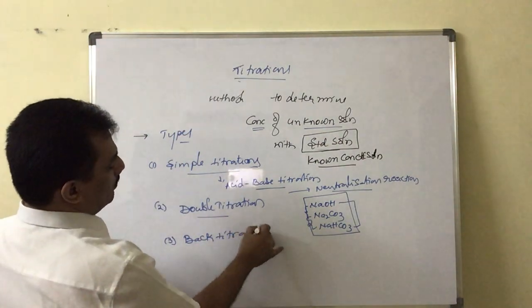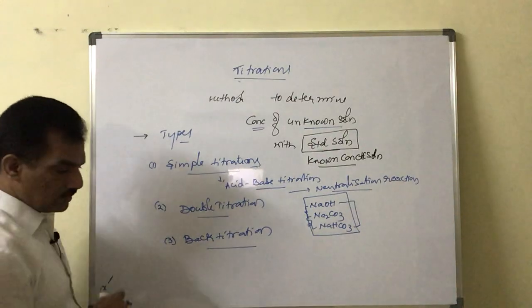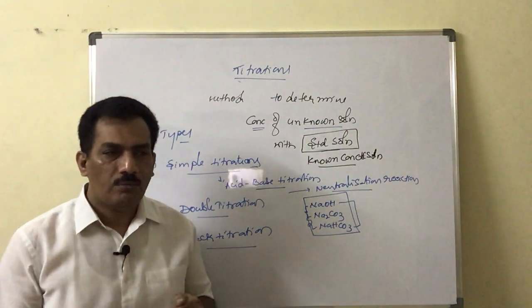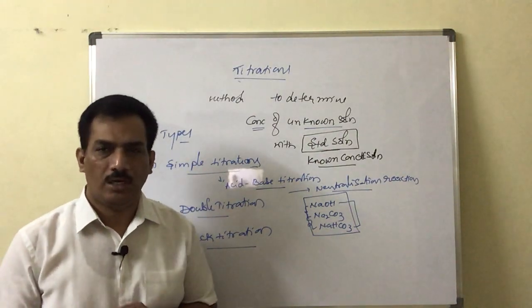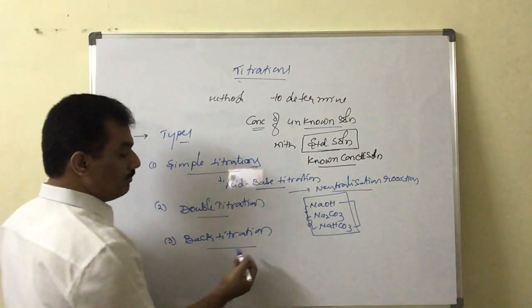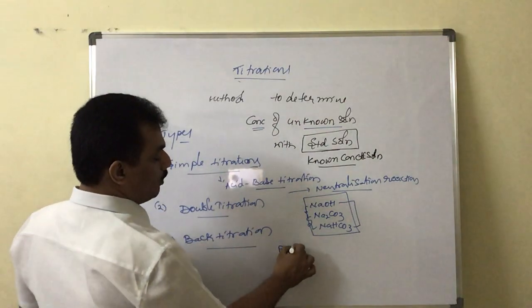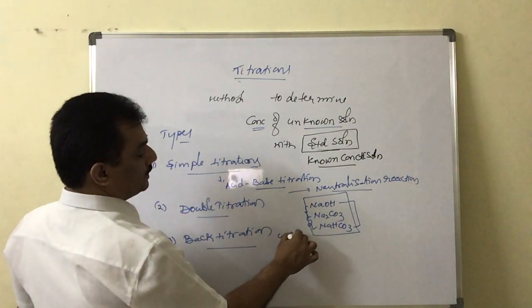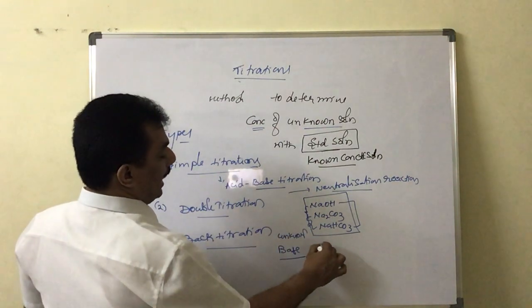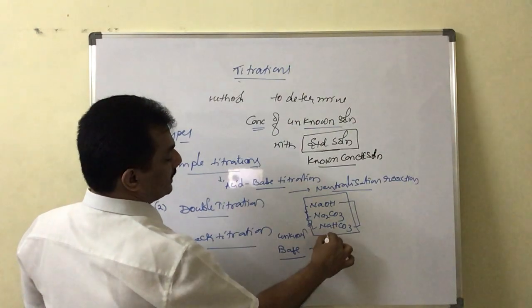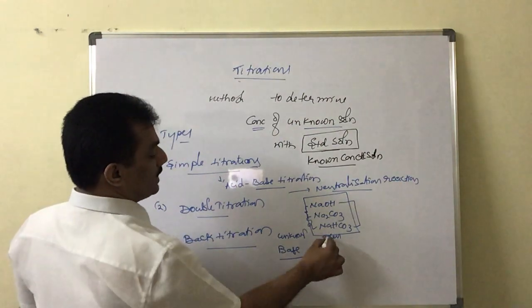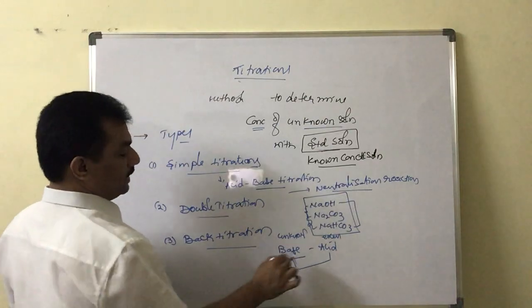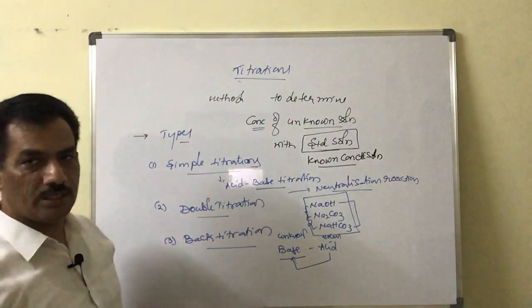Back titration is nothing but, here also, we are titrating a base. Let me give the meaning of back titration. An unknown base is titrated with acid taken in excess, and this excess acid is used to titrate the unknown base.